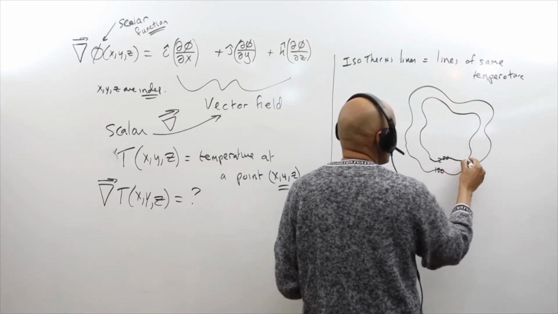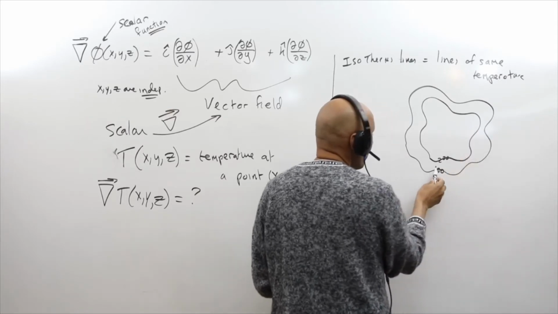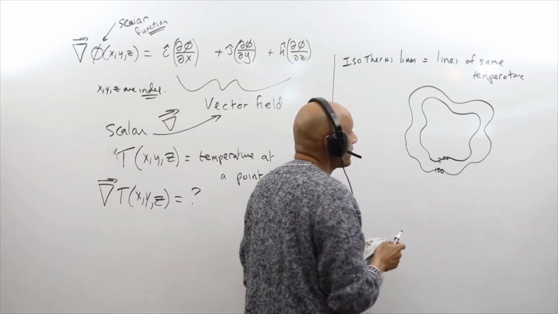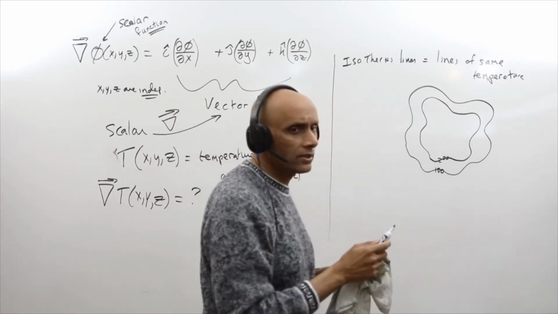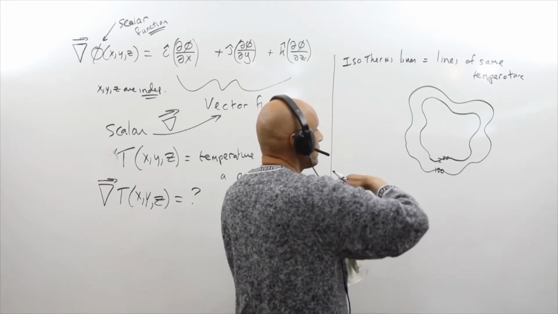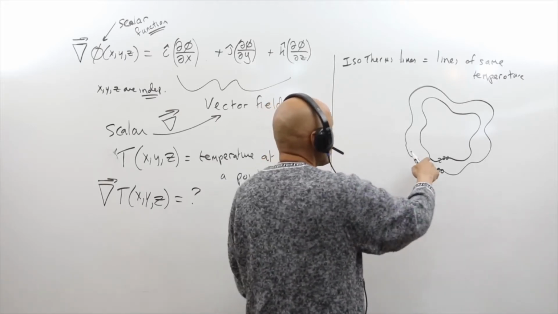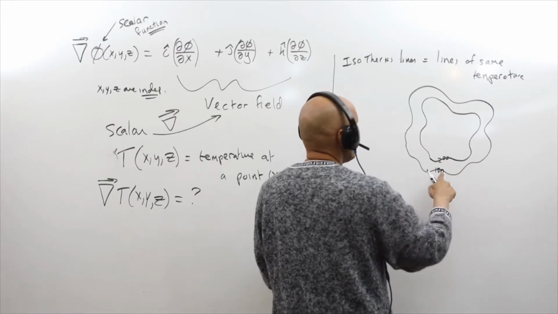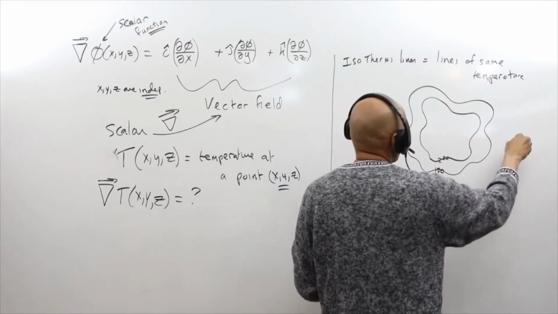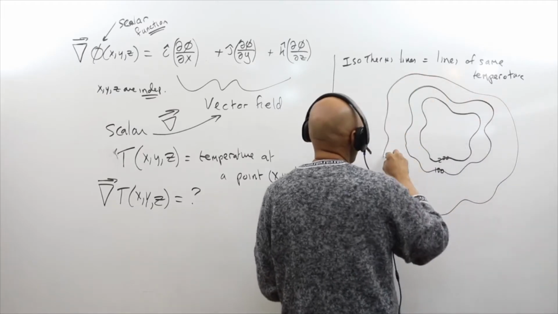Somewhere in between there'd be about 150 degrees. This looks like an elevation map. If somebody gives you an elevation map, they take cross sections of different heights and say, this is 200 meters above sea level, this is 100 meters above sea level. But I'm using temperature, so this is an isotherm line in two dimensions.